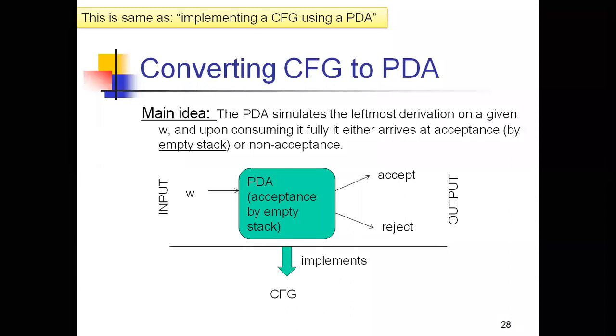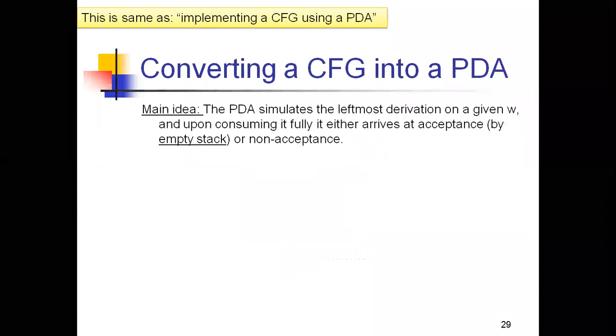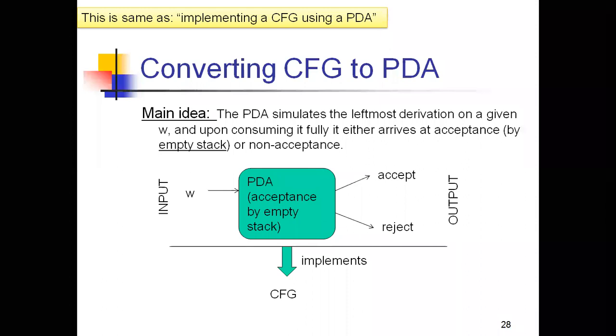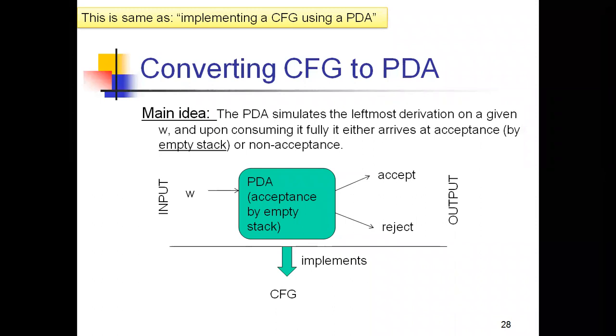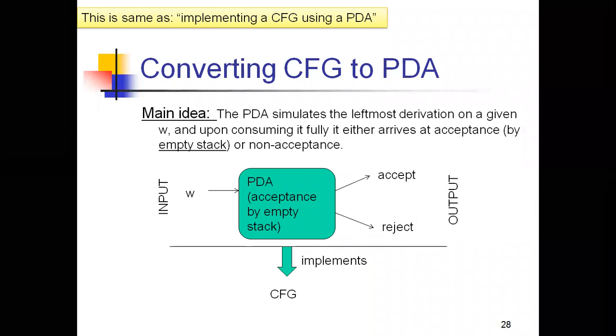The main idea of this conversion process is that the PDA should always simulate the leftmost derivation on a given input string w. Upon consuming it fully, it either arrives at acceptance, shown by an empty stack, or non-acceptance, shown by a non-empty stack, right? That means we have two types of derivations: one is a leftmost derivation, another is a rightmost derivation.